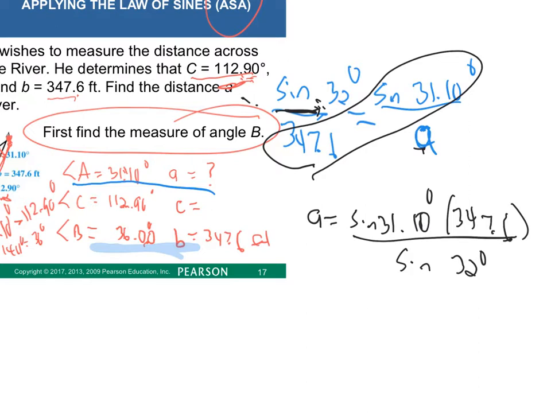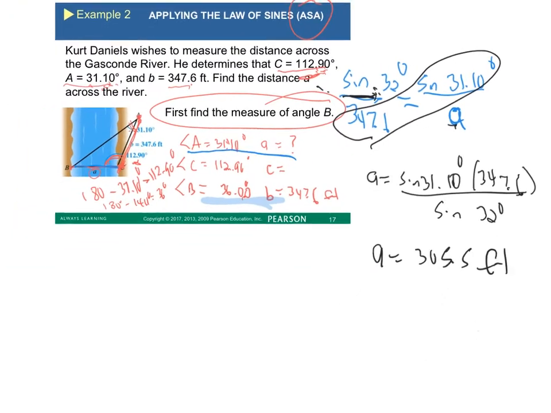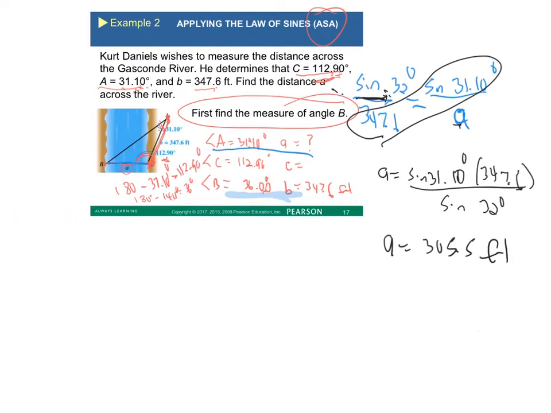It is a calculator problem, so get your calculator out. I'll be right back. We find out that A is 305.5 feet. That's how far the river is, without having to get your feet wet. Not too shabby.